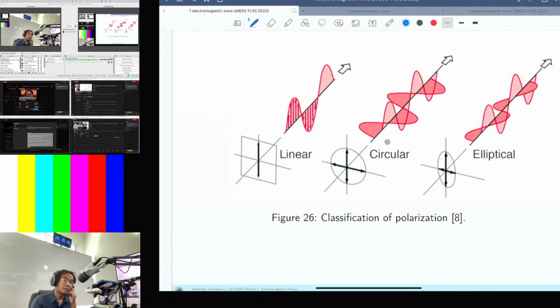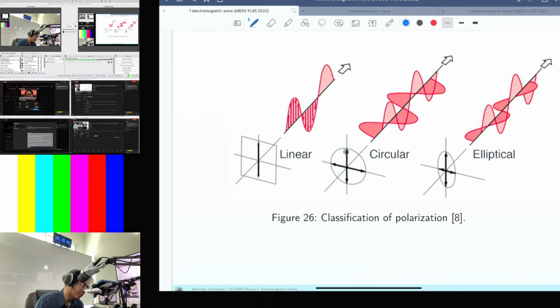In the second polarization, there are two components of the electric field, one on the horizontal plane, another on the vertical plane, and they will be combined, and it's going to rotate, and that rotation is called circular rotation.